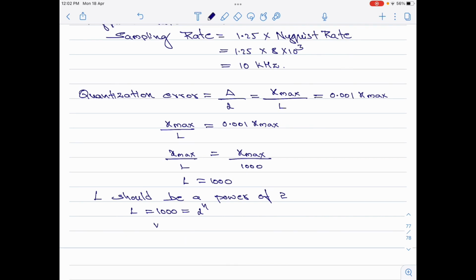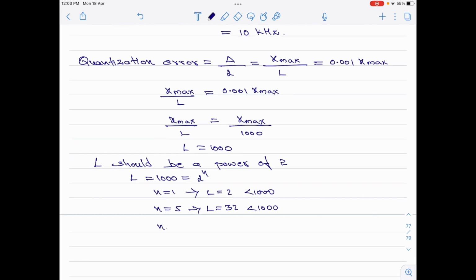If I take n equal to 1, this indicates L equal to 2, less than 1000. If I take n equal to 5, this indicates L equal to 32, less than 1000. If I take n equal to 9, this indicates L equal to 512, which is still less than 1000. So, when n is equal to 10, we get L as 1024 and this is greater than 1000.